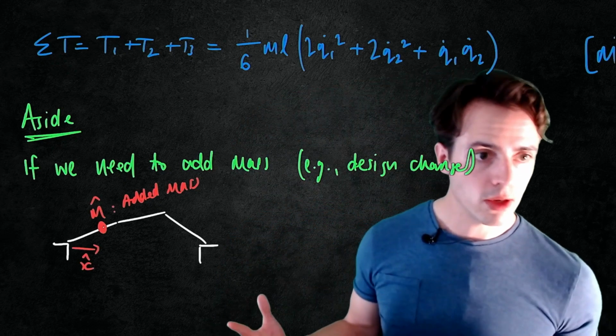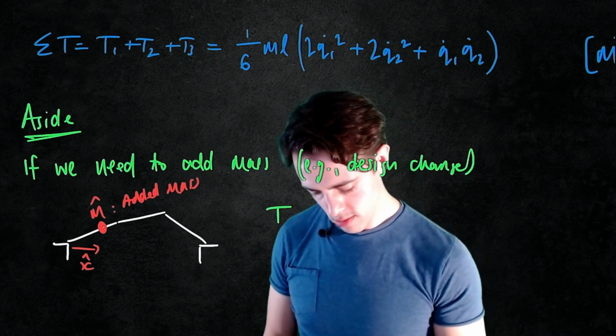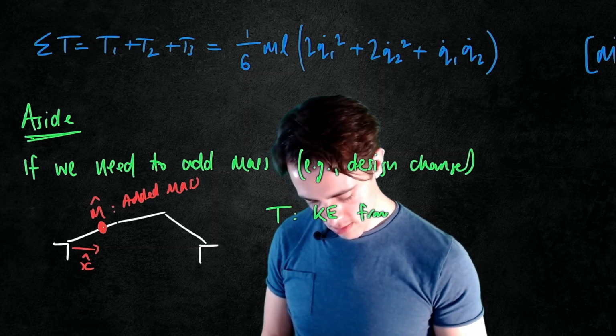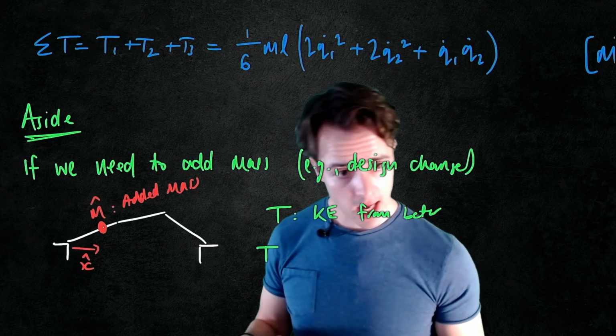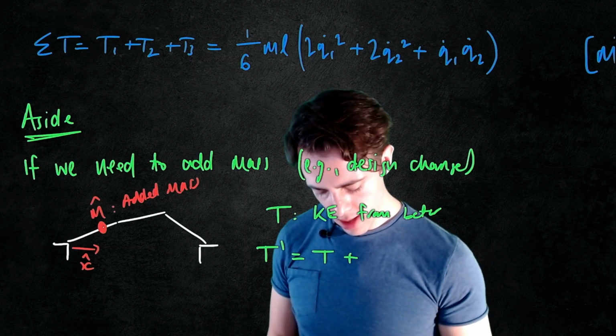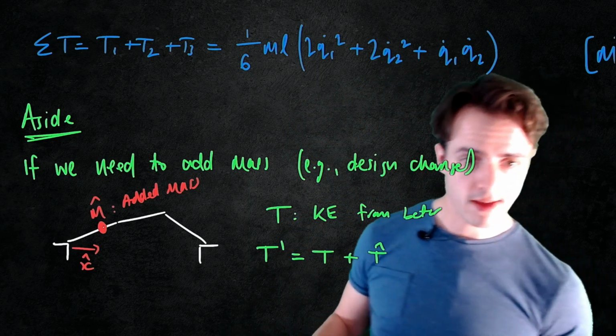We don't need to redo this whole analysis. What we have here is just T from before. The change to T, when we add this, let's call this T prime, is equal to T plus T hat. So this is now the new T with this mass added.